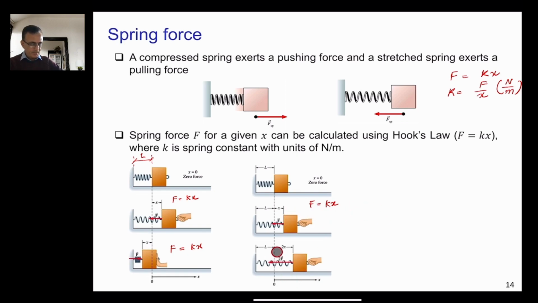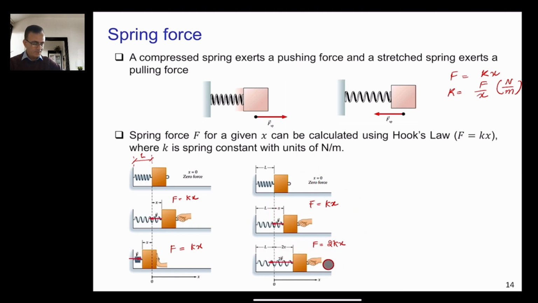But what will happen if you expand this by 2 times? If you change this from x to 2x, then the force will also be doubled, because F is equal to k times 2x. This tells us that the spring force will become double if the stretch or compression becomes double.